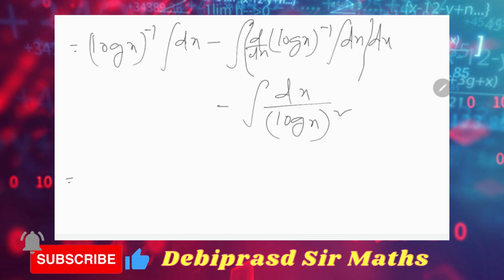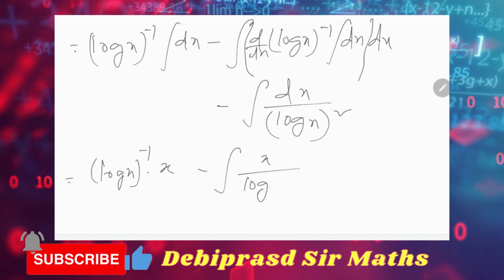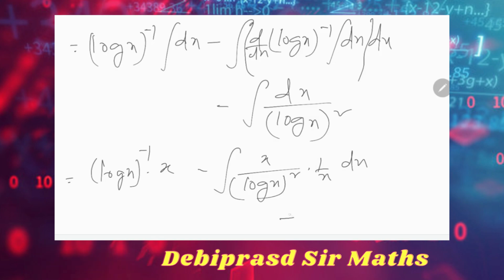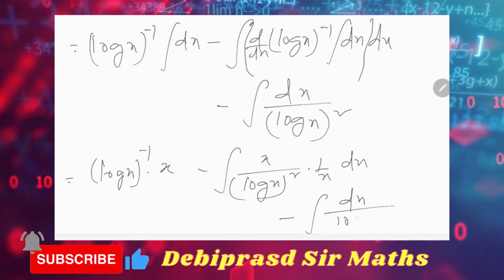If I simplify, I will get (log x) to the power minus 1 into x, minus the integral of (minus x by (log x) whole square) into 1 by x dx, plus the integral of dx by (log x) whole square.